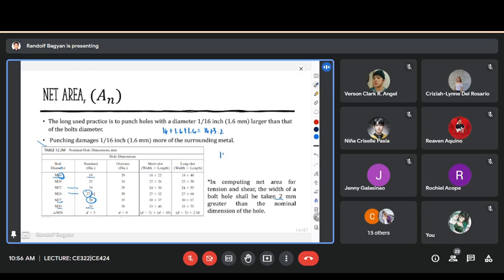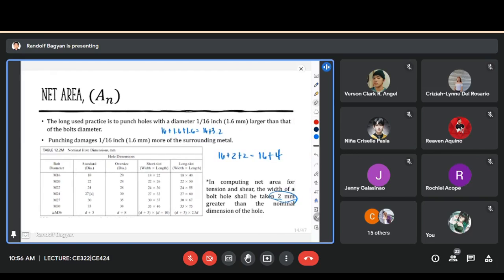Kung 16 mm yung ating bolt, the standard diameter or nominal hole dimension would be 18, D plus 2 yan. Okay, plus, for punching damages 2 mm greater, plus 2 pa. So, ang nangyayari, 16 plus 4. Okay? Kapag tumaas, 24 mm na yung ating bolt diameter, magiging plus 3 plus 2 na yun, di plus 5 na siya. Hindi na siya plus 4. So, we have to follow this table.